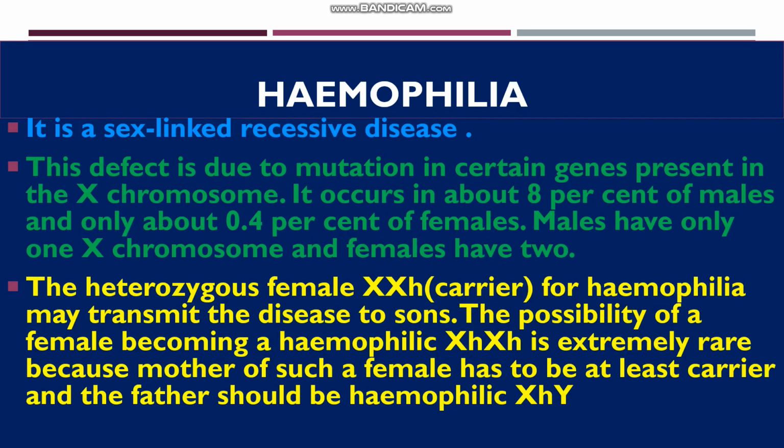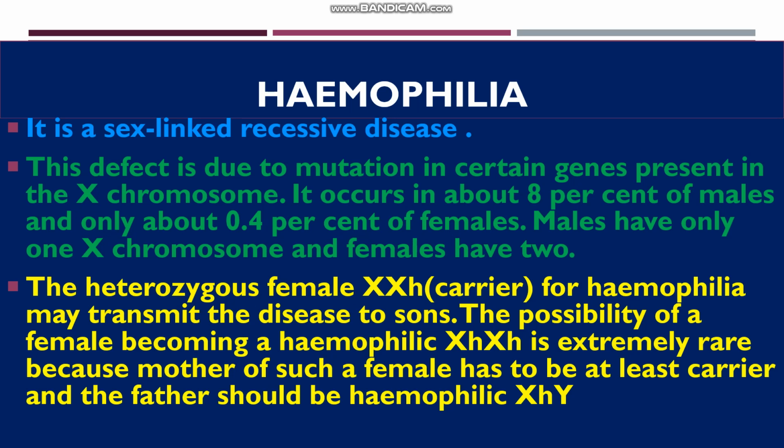Now hemophilia is a sex-linked recessive disease caused due to the mutation of genes present in the X chromosome. In the previous class, you learned that the mutated genes were located in the autosomes, whereas in hemophilia, you can see the mutated gene is located in the sex chromosome, or simply you can call it the X chromosome. This disease mainly affects males rather than females.